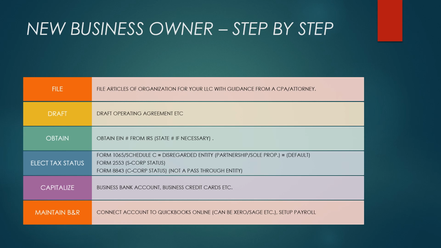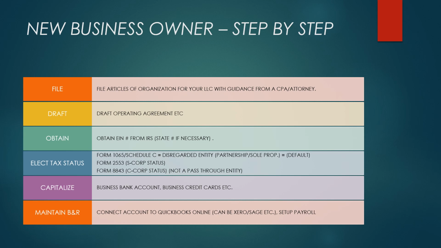At that point, you may want to draft an operating agreement, even if you are a sole proprietor, but it's much more likely you'll draft an operating agreement as a partnership. That could also mean filing articles of organization if you're talking about a substantial investment and an extensive business operation. Next, you'll just want to obtain an EIN number from the IRS and a state employer ID number as well.